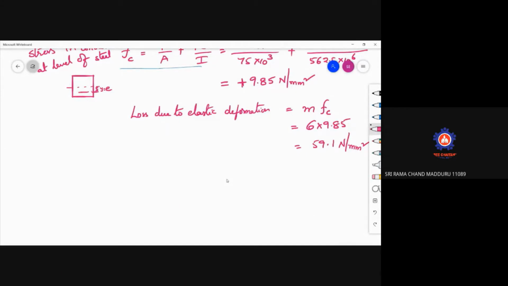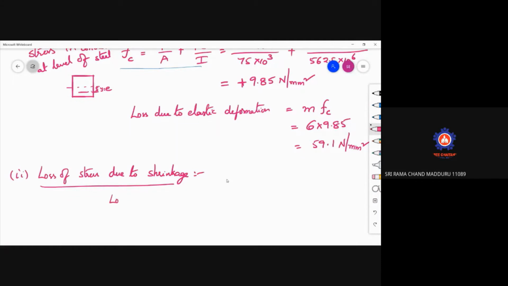In the second step, we'll calculate loss of stress due to shrinkage. So what is the formula that we are going to see?